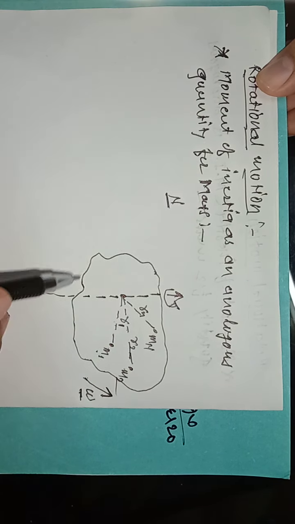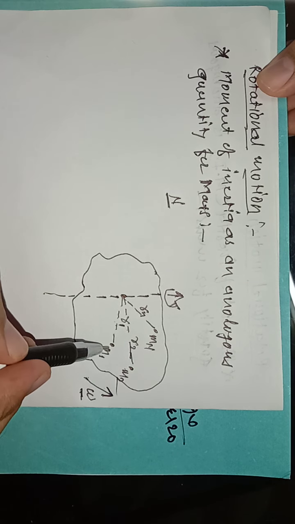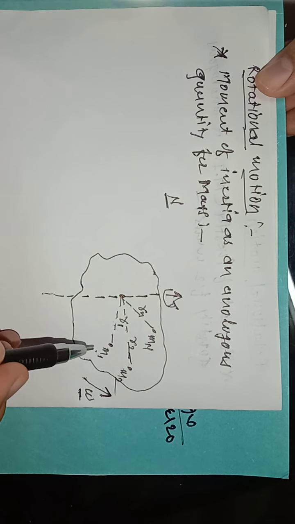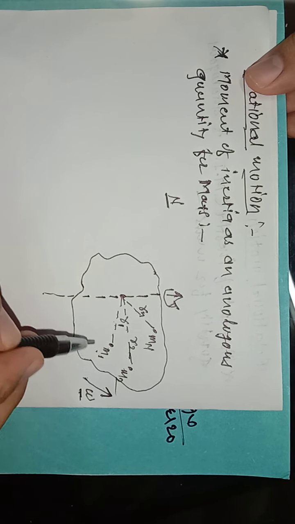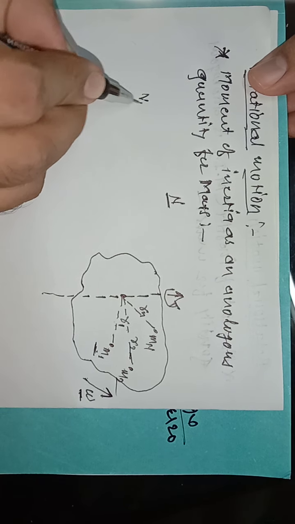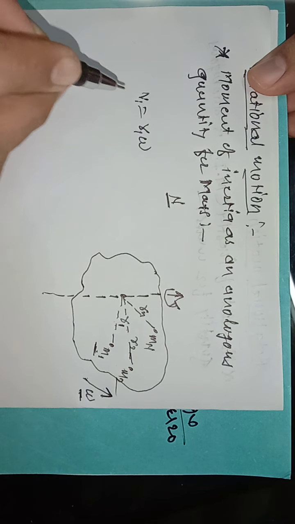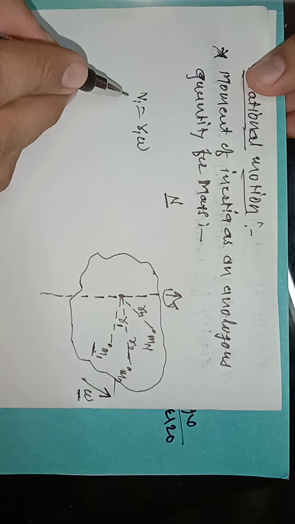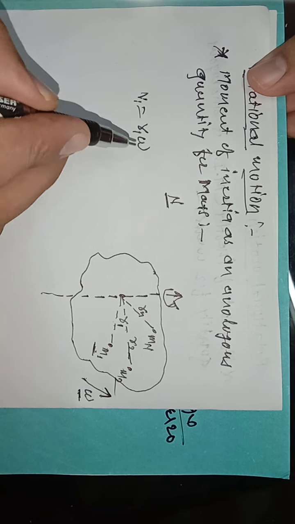The rigid body has constant angular velocity, but the linear velocities of these particles are different. The linear velocity of the first particle of mass m1 can be given as v1 is equal to r1 omega.